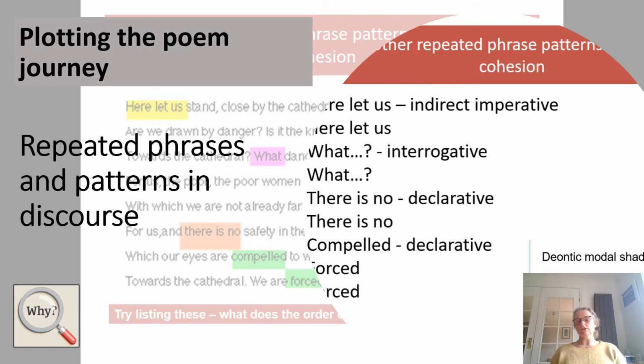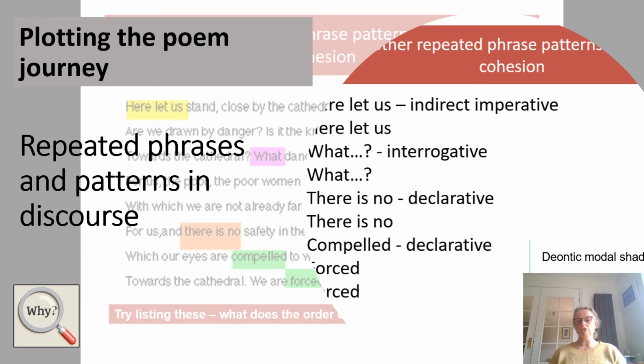So where it starts off as something gentler, it ends in something much more definite. In the middle you've got two interrogatives suggesting maybe confusion. And then you've got a negative declarative repeated, no and no, suggesting actually they do have no choice and that they're being drawn towards the cathedral.